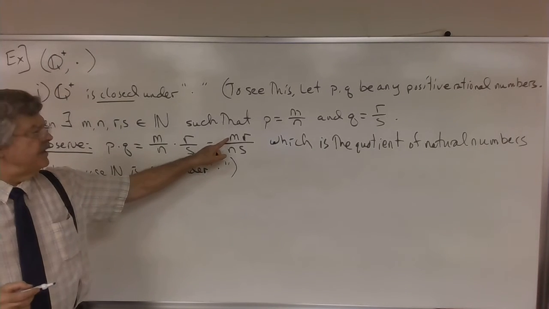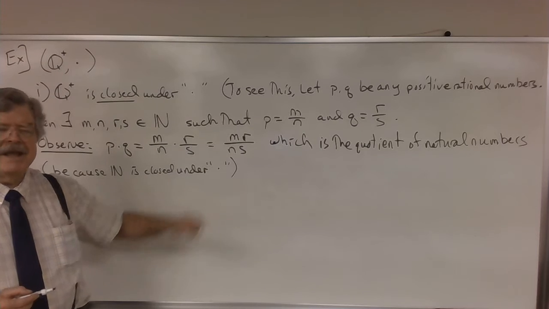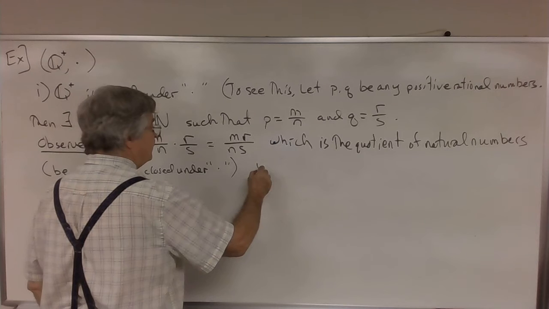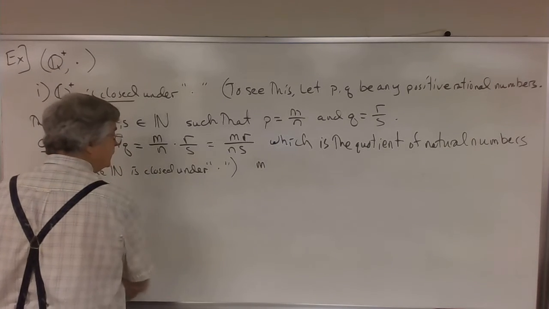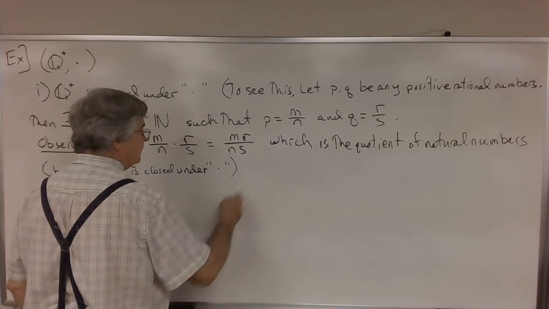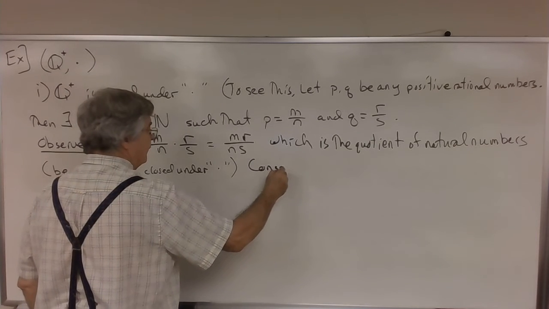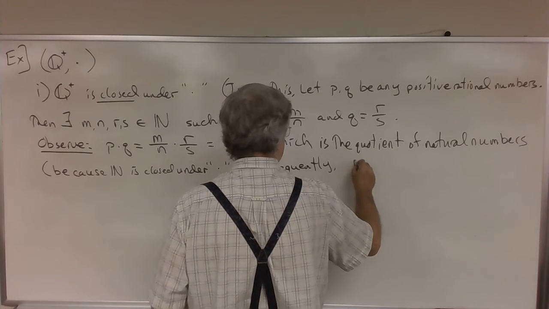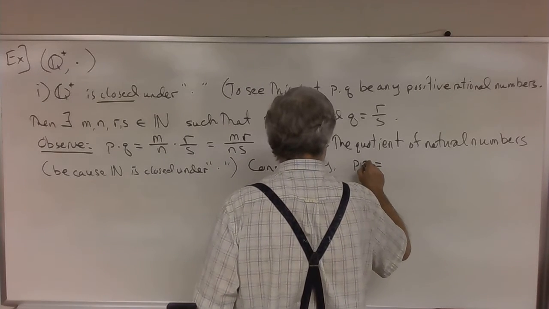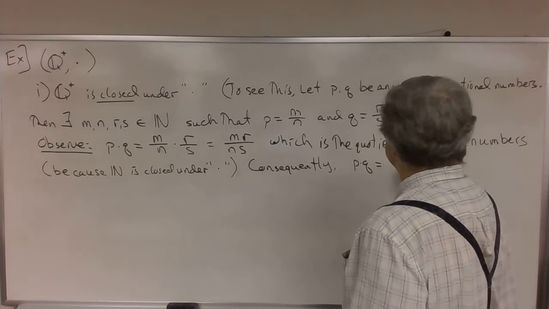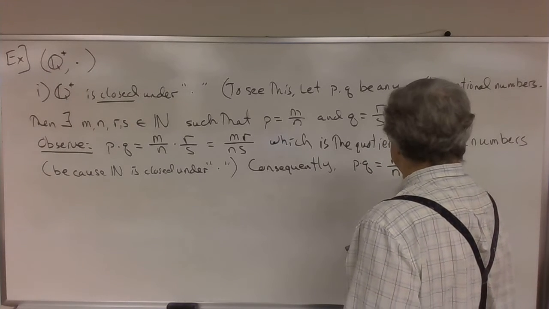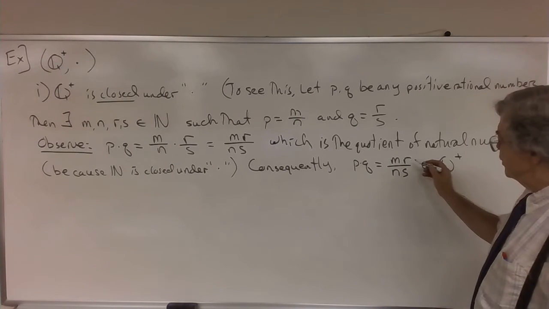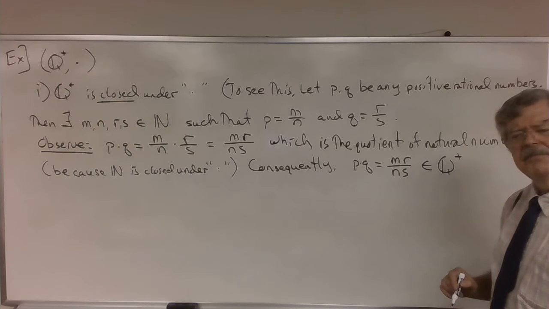So the numerator is a natural number, the denominator is a natural number, which means that the product is the quotient of two natural numbers.